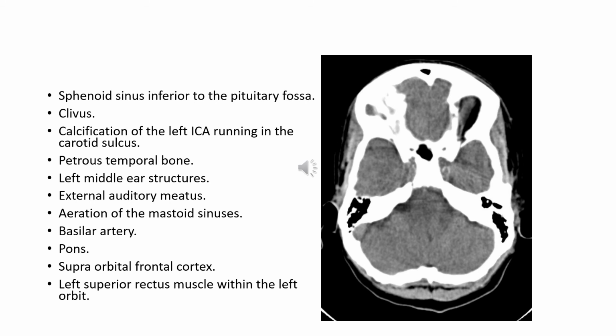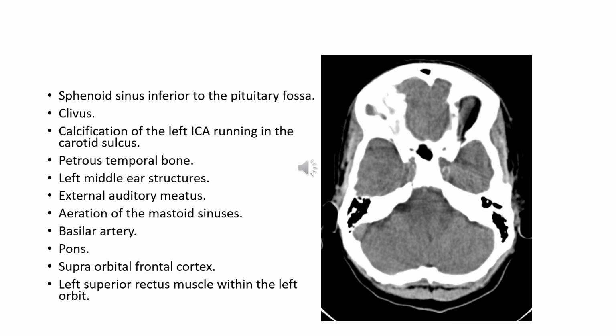The white arrow again shows the more inferior portion of the basilar artery that's forming from the two vertebral arteries, and the red circle shows the pons. So the basilar artery remains within the pre-pontine system.